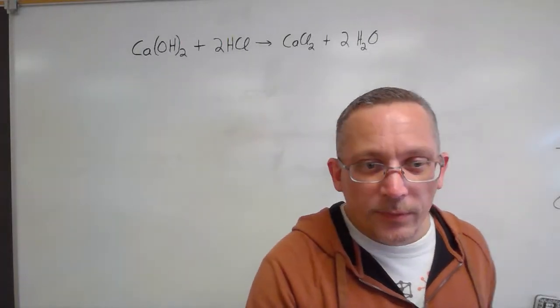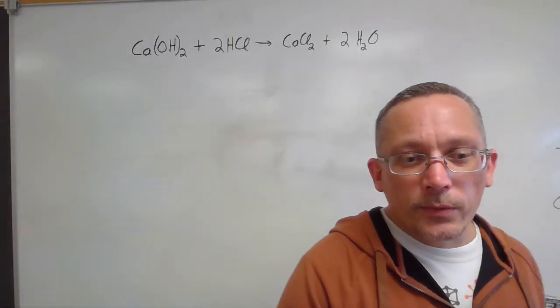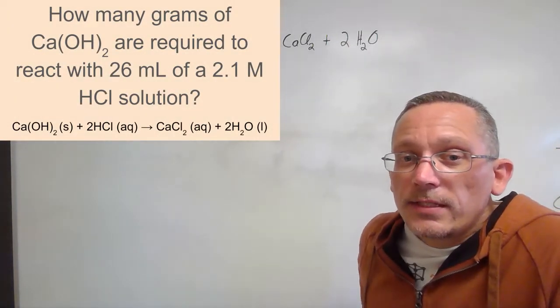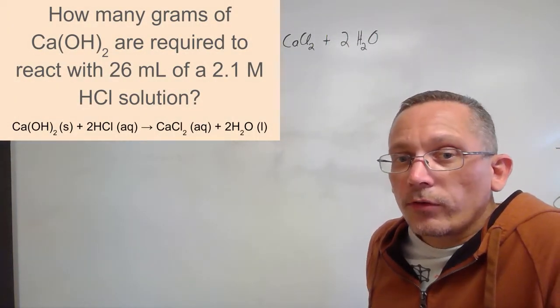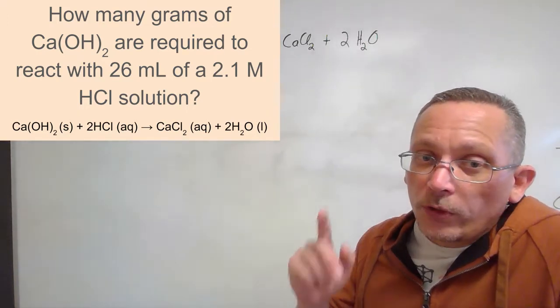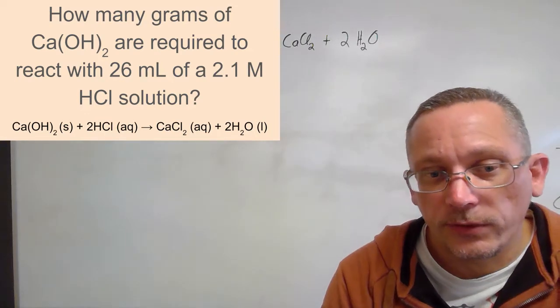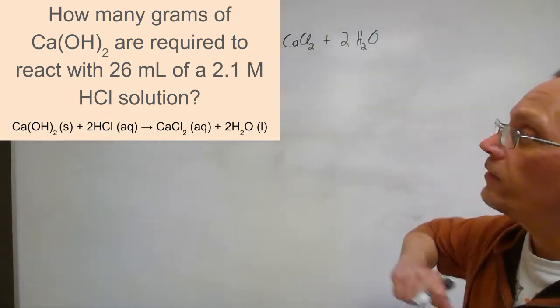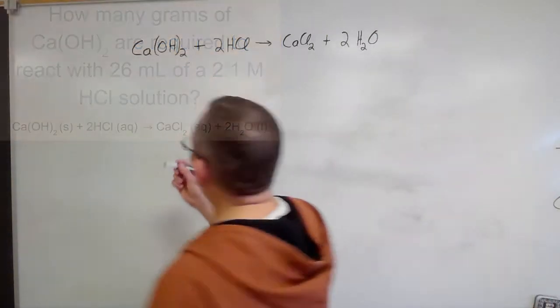Let's look at one more example here. The chemical equation is still the same for this one. But now the problem says, how many grams of CaOH2 are required to react with 26 milliliters of a 2.1 molar HCl solution? Okay, so first let me just note here that the molarity of HCl, it says, is 2.1.